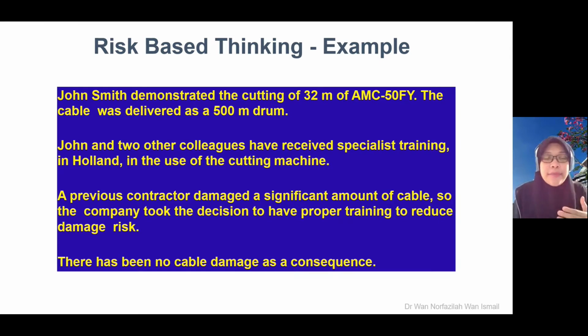Okay, tapi bukanlah semestinya sebelum berlaku. Selepas berlaku pun boleh fikirkan macam mana nak reduce the risk. Okay, as being done by the company to John and his colleagues. Okay, send them for proper training to handle the cable. So next time dah kurang kabel yang rosak.